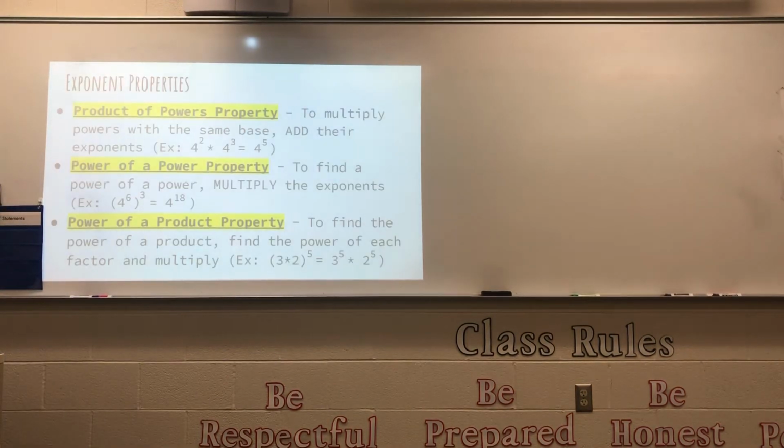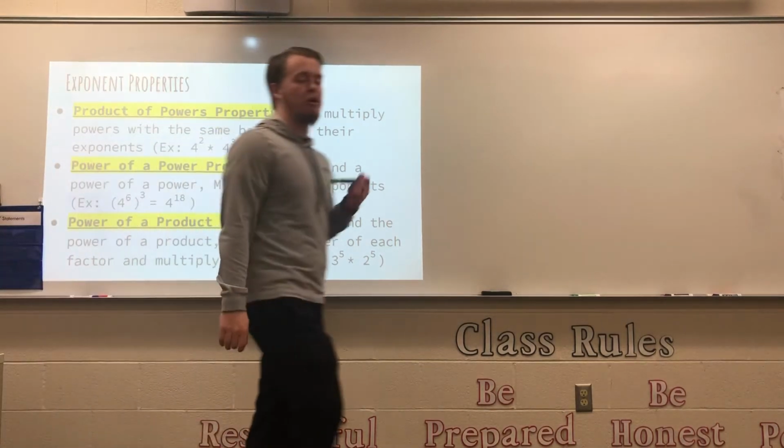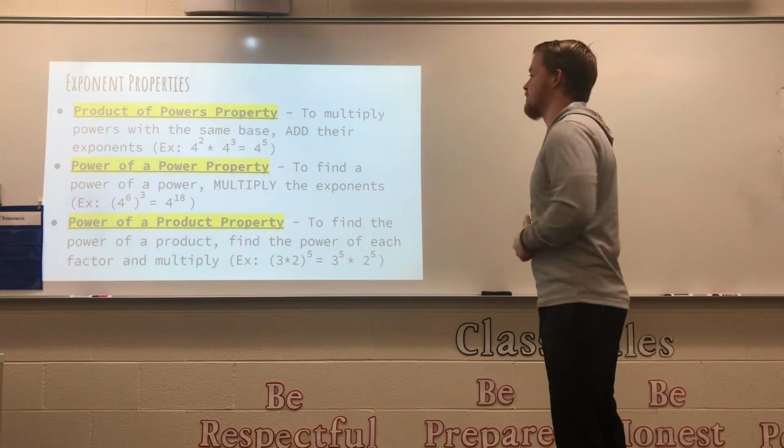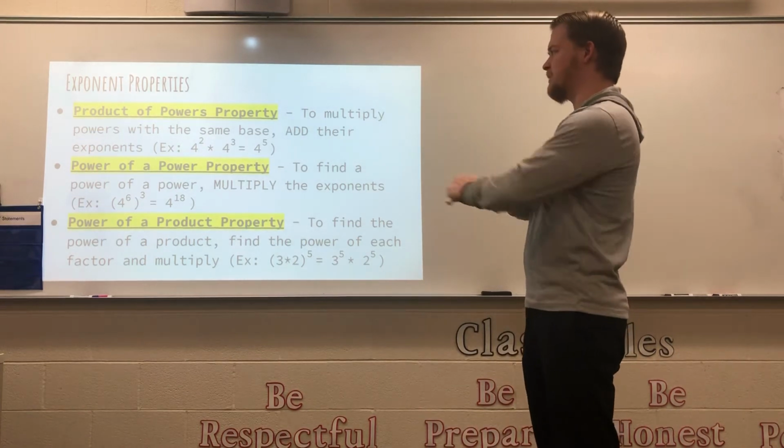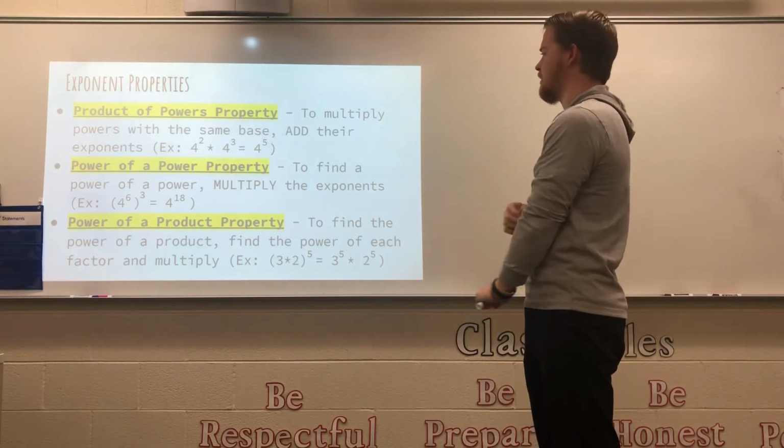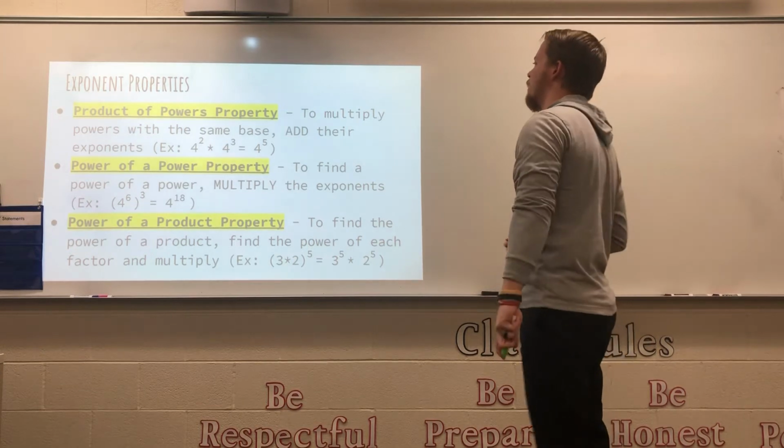All right, now we get into the next thing. These are 3 properties of exponents. So first, we have product of powers property. These all have similar names, so just pay attention to each one.